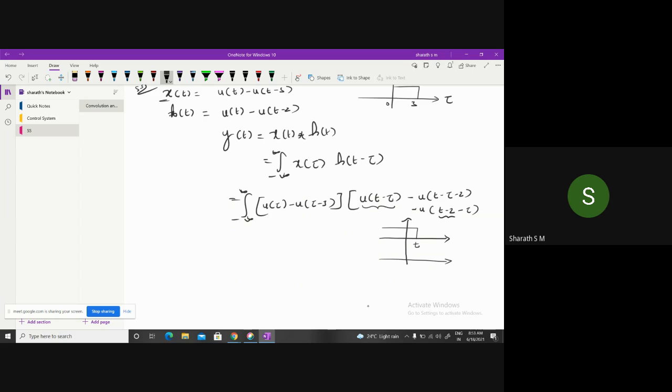Just look here: we have t minus 2 here, and there we have the variable t. Whenever it is t, we shift towards the right side by t times. Whenever it is t minus 2, we shift by t minus 2 times, which is somewhat lagging behind t.